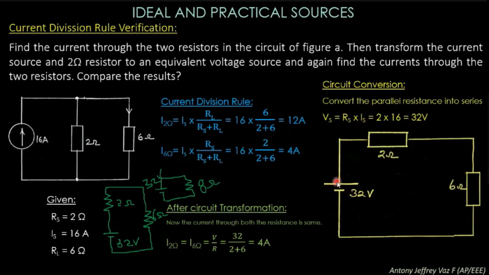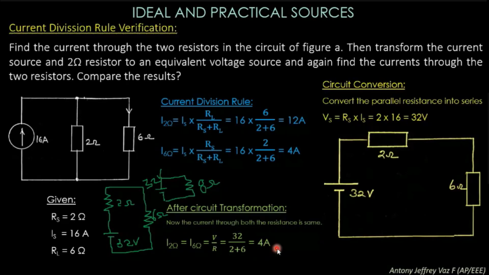So the total current flowing through the 2 ohm resistance and the 6 ohm resistance is the same. So I2 ohm is equal to I6 ohm, whereas I is equal to V by R. We know voltage source V is 32 volt, and the effective resistance is 8 ohm, which is nothing but 2 plus 6. So 32 divided by 8, we are getting 4 amperes.